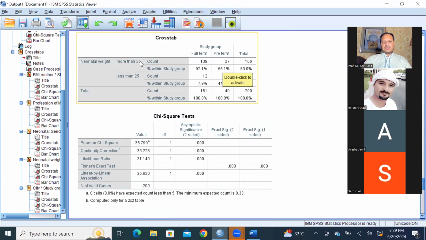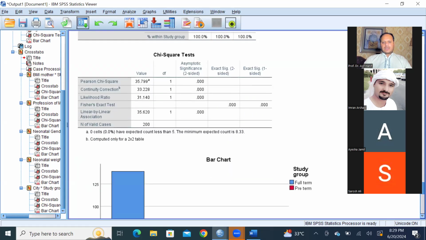Look at this, 7.9 and this is 44.9. So you can say that in preterm birth the ratio of low birth weight is higher. So neonatal weight or low birth weight is associated with preterm birth.